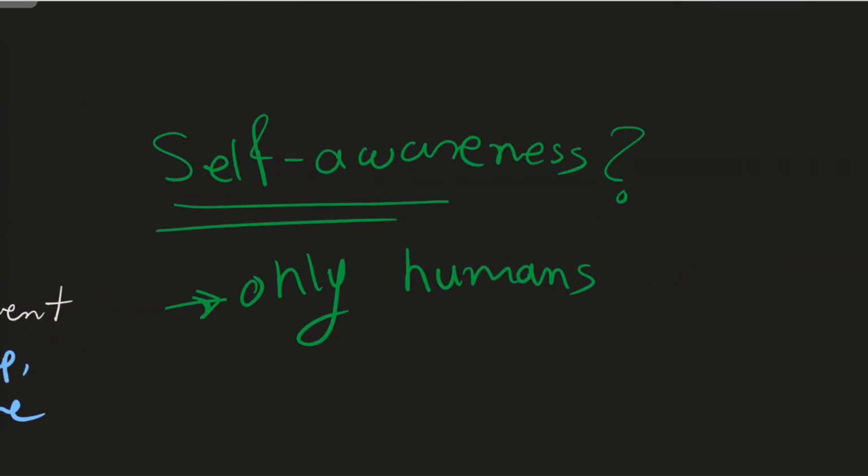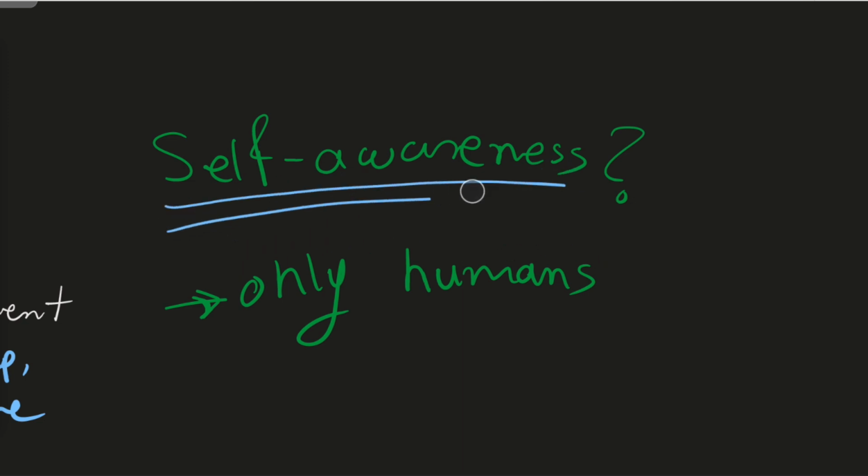The next topic in consciousness is self-awareness or self-consciousness. This is the only thing that is shown by humans only, because a cat or a dog doesn't matter whether he is a cat or he is a dog, or what he is wearing, what is his skin color, what is his hair color. It doesn't matter at all for him.